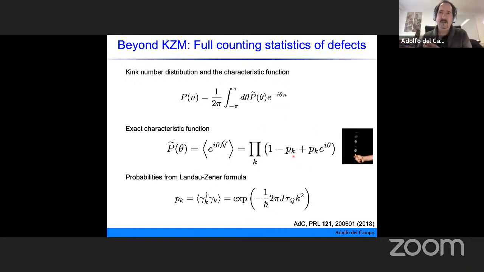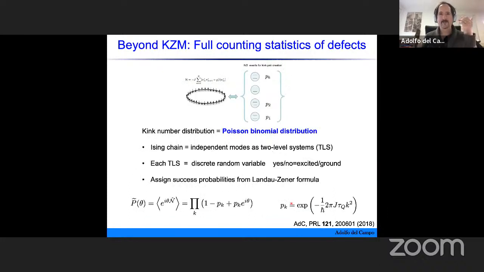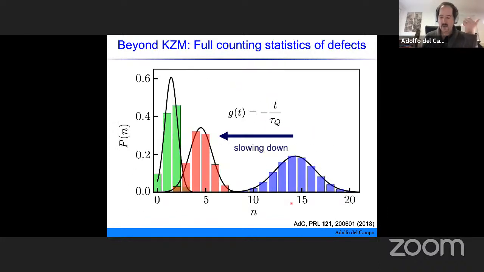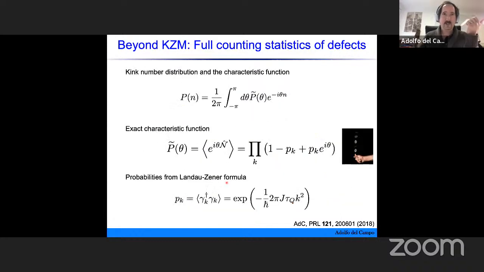What is even nicer is that we can estimate the probability of getting heads or tails, so kinks or no kinks, or occupying a given fermionic mode or not occupying it, according to the Landau-Zener formula, which sets this probability equal to a Gaussian with respect to the wave vector, or an exponential with respect to the quench time. So we have an exact expression for the characteristic function.